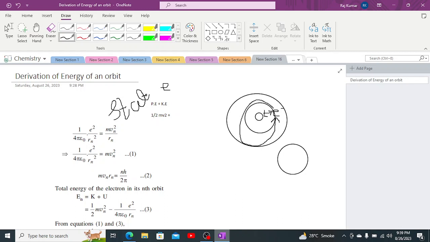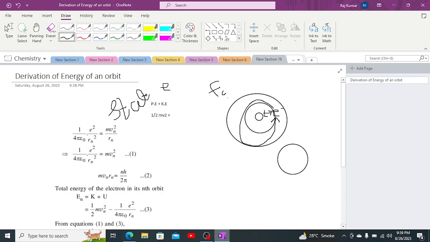This generates a force known as electrostatic force, due to which the electron remains in its position in the orbit. Secondly, we have the phenomena of centripetal force and centrifugal force.